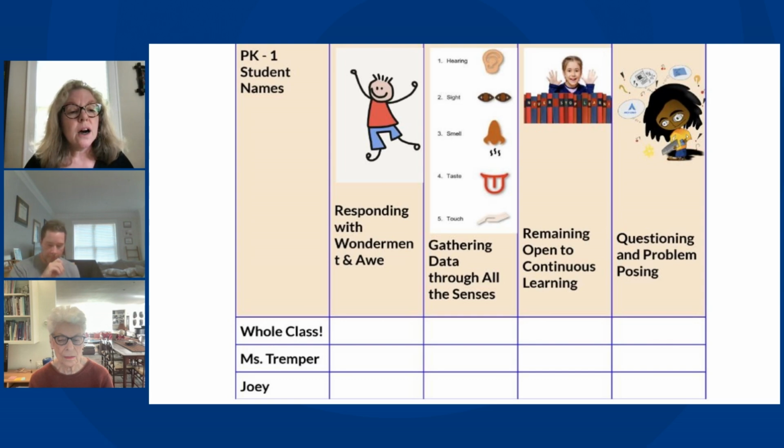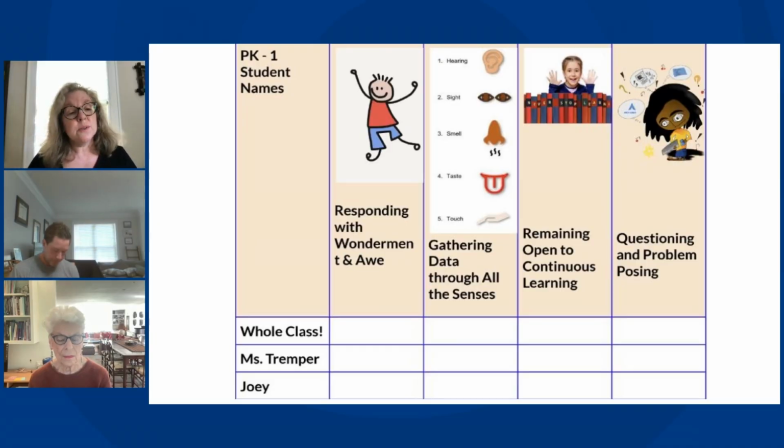They're very aware of what they're seeing, hearing, feeling, touching, but really giving that importance through gathering data from those experiences, remaining open to continuous learning, and questioning and problem posing, which we know they naturally do, saying why, what, how come?